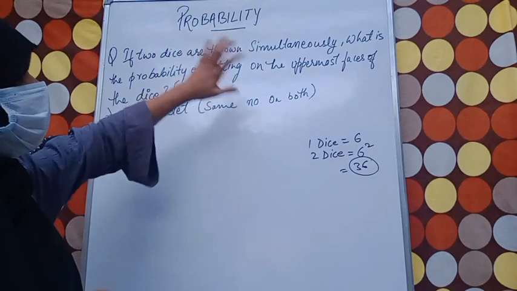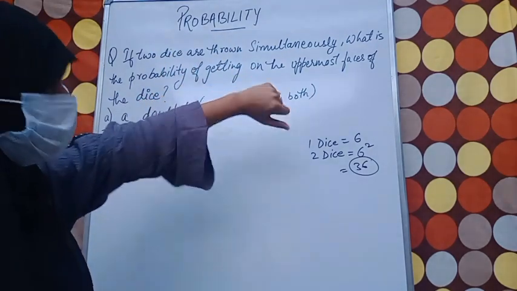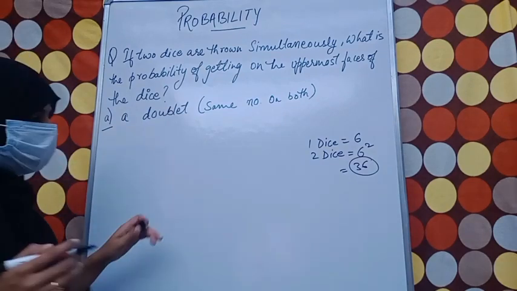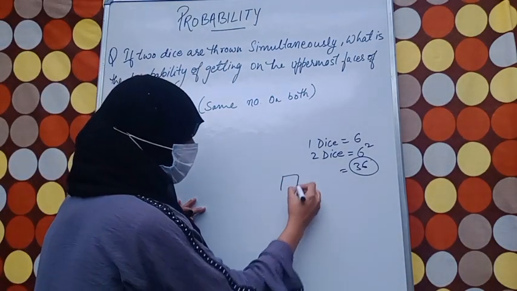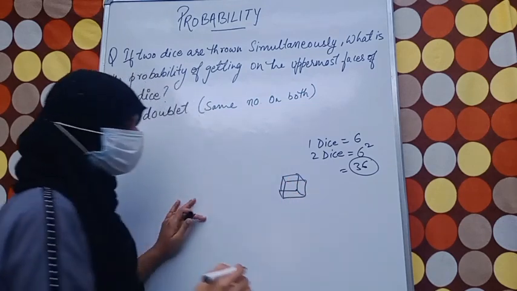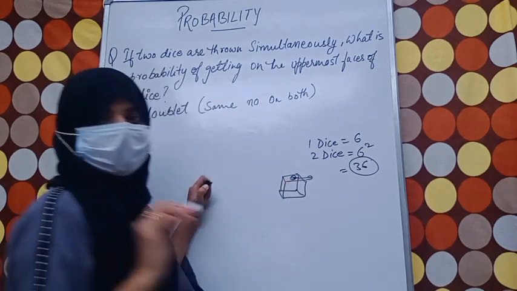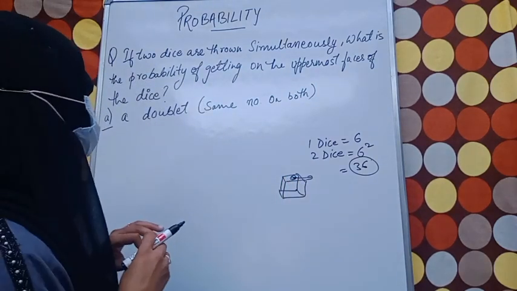Now let's see what it says. If 2 dice are thrown simultaneously, what is the probability of getting a doublet on the uppermost face of the dice? Suppose this is our dice. It's asking what will be the probability of getting a number over here. So we are going to have working for this.